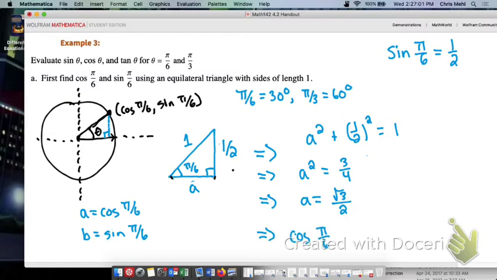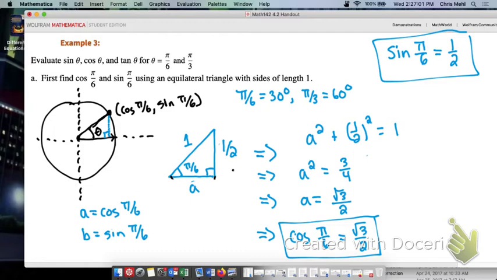We know that was a. That's the square root of 3 over 2. Okay, so now I have sine of pi over 6, and I have cosine of pi over 6. And technically I could find tangent of pi over 6 because tangent is just sine divided by cosine. But we'll wait till part C to do that.